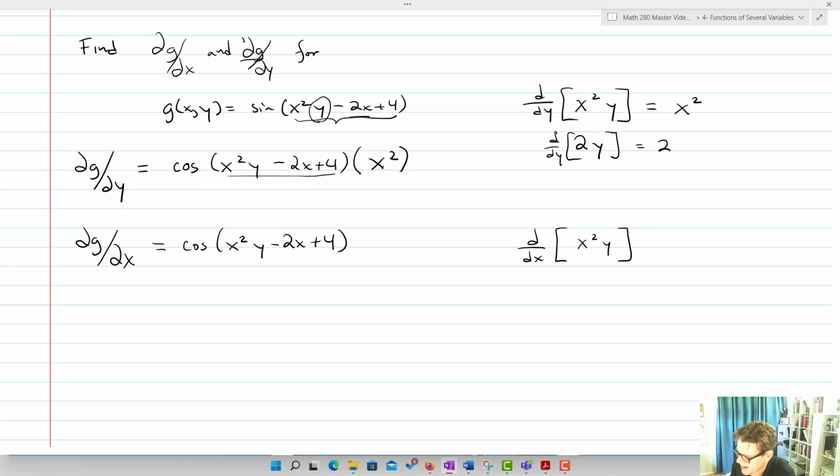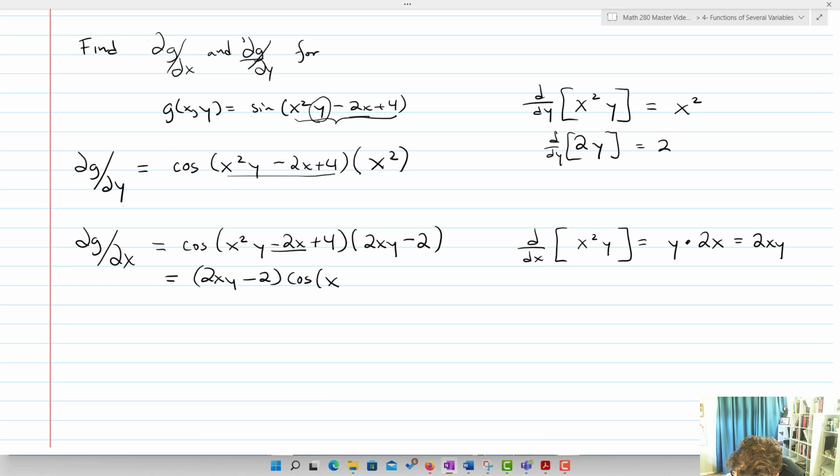Well, the y is like a scalar, as if it was a 3. So that's going to equal y times the derivative of x squared, y times 2x, which is just 2xy. So we multiply that by 2xy. Then we take the derivative of negative 2x, so minus 2. And the derivative of 4 is still 0. If we write this correctly, we should write it as 2xy minus 2 times cosine of x squared y minus 2x plus 4.